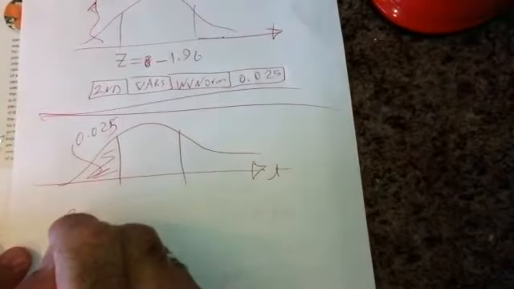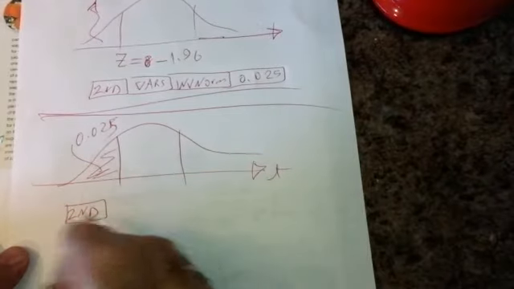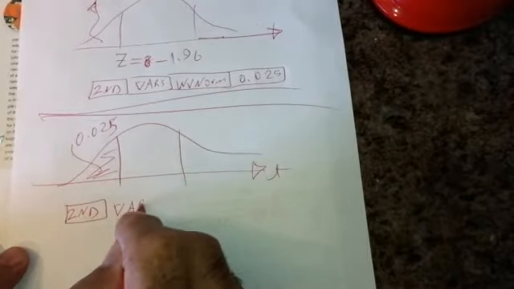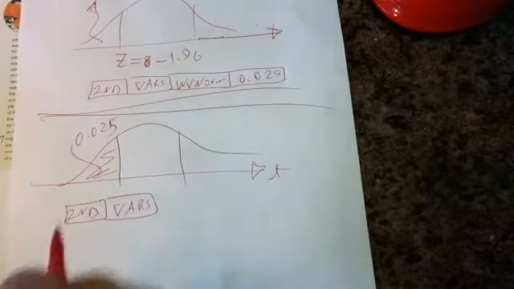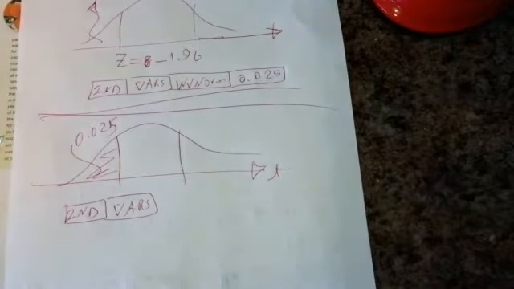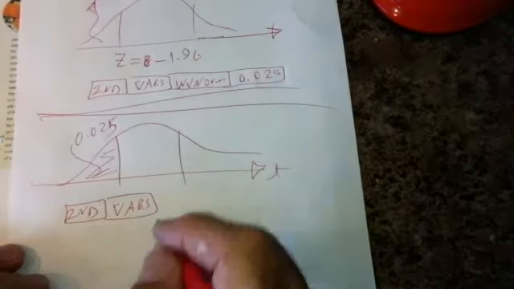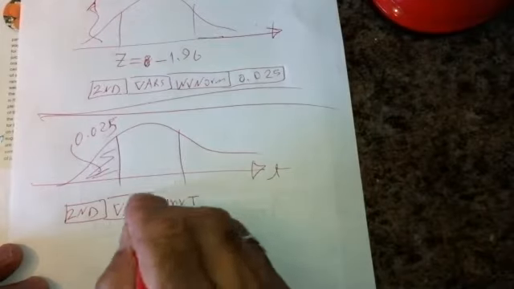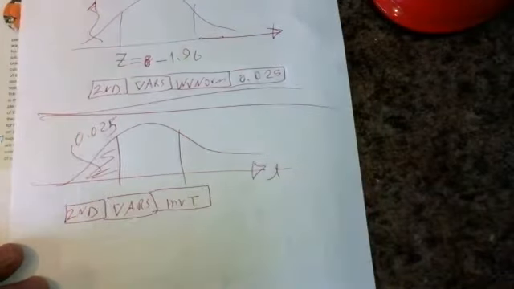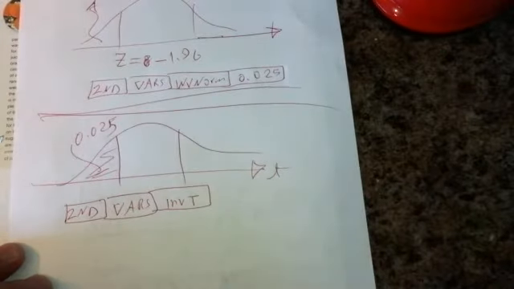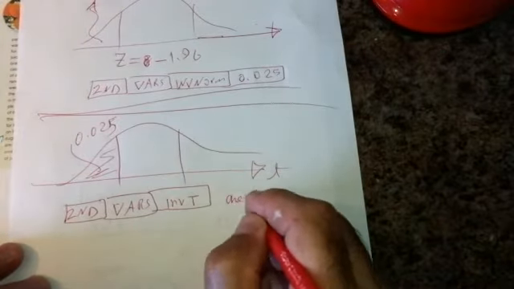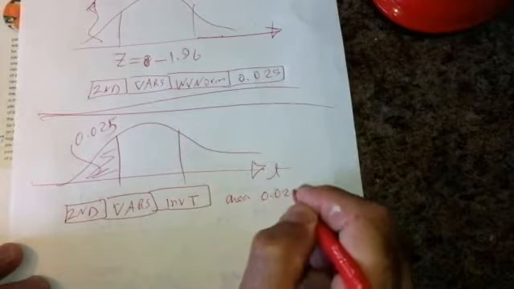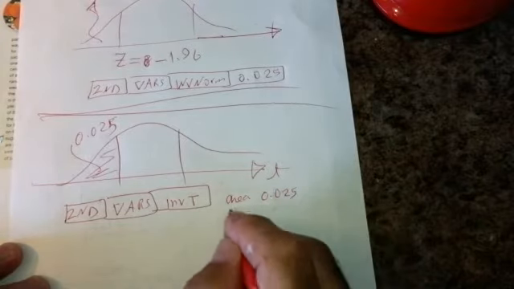So you go to second vars, number 4 is inverse T. And then in the area, you put 0.025.